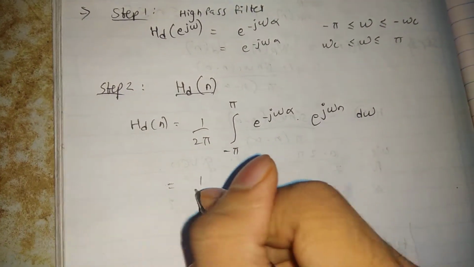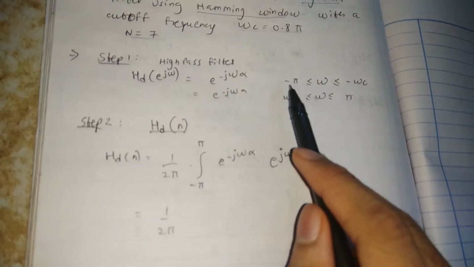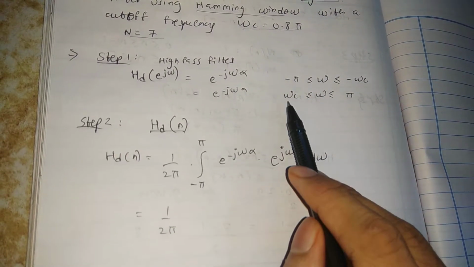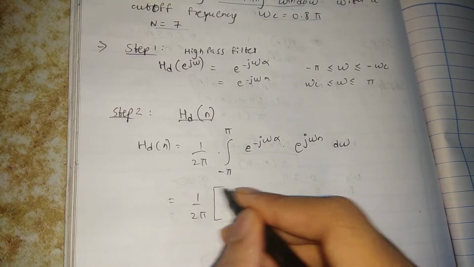Now just substitute 1 upon 2 pi. As you can see, we have 2 integration limits: one is minus pi to minus omega c, another is omega c to pi. So open a bracket.